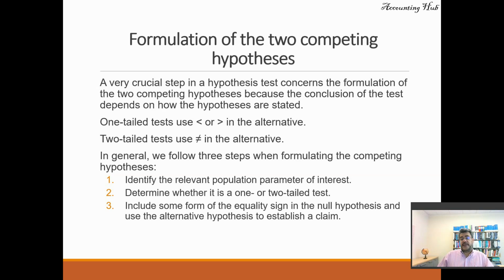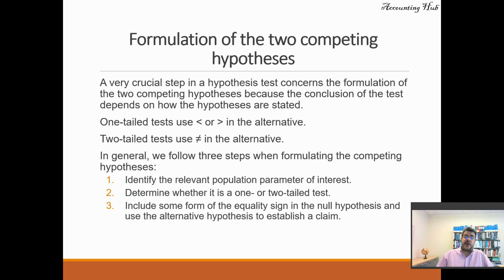In general, we follow three steps when formulating the competing hypotheses. Identify the relevant population parameter, for instance, my students. Determine whether it is a one or two tail test. Is equal to B, so it is a two tail test, or it is greater than 80%, so it is a one tail test.